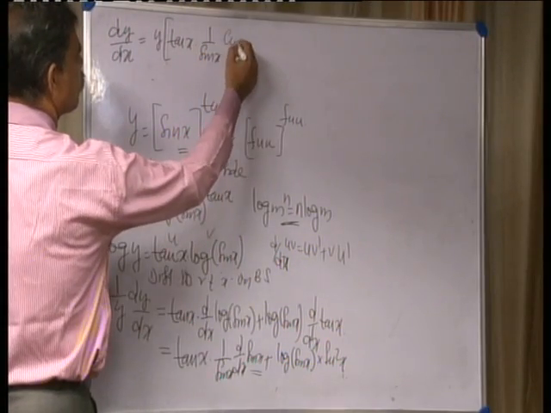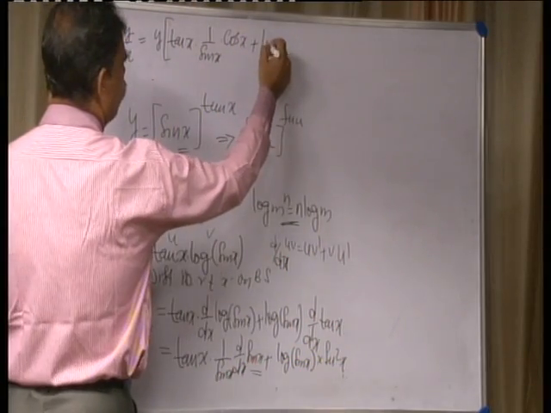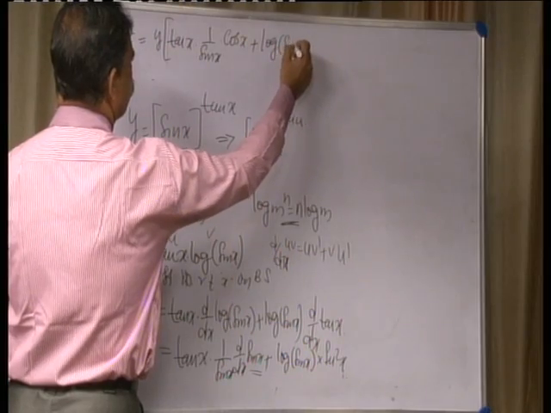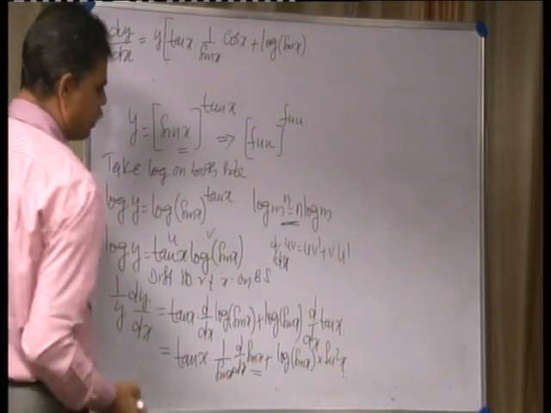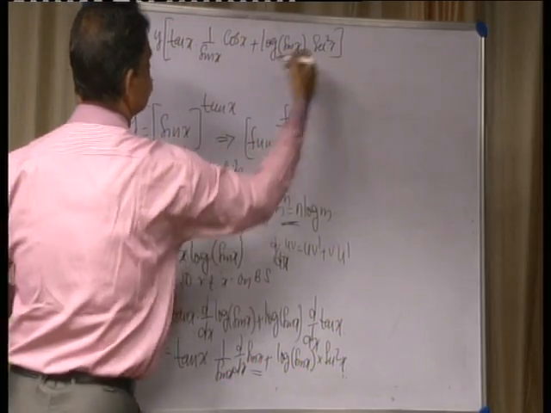Differentiation of sin x is what? Cos x plus here all the terms are differentiated, then we have to take only the remaining term, that is log sin x into secant square x.